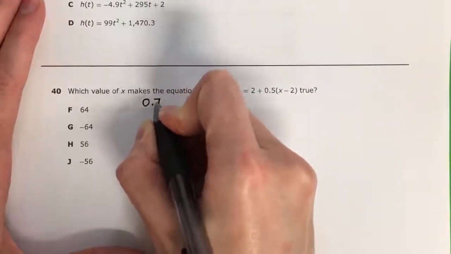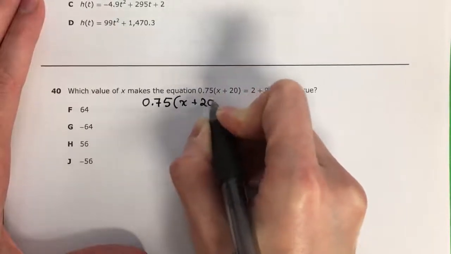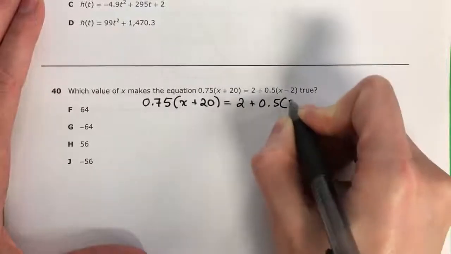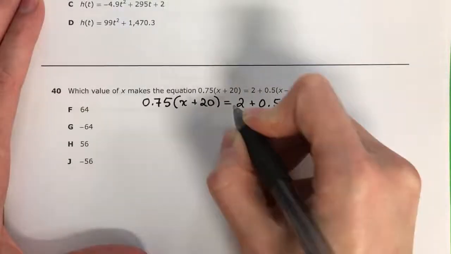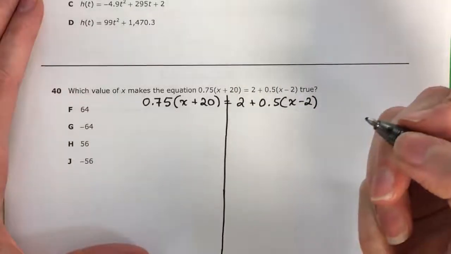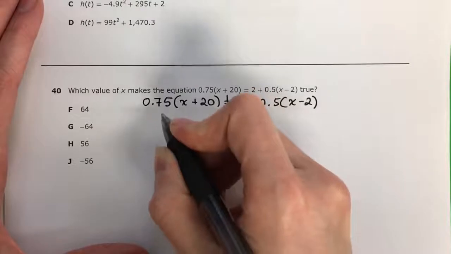So 0.75 times (x plus 20) equals 2 plus 0.5 times (x minus 2). We're going to draw a line on the equal sign. First is the parentheses, so we have to do the distributive property, or the arrows.